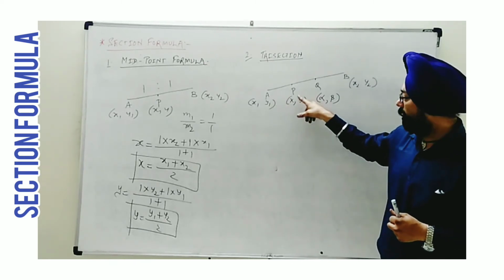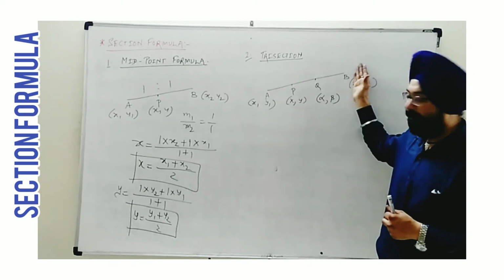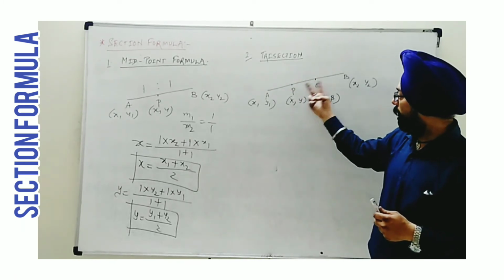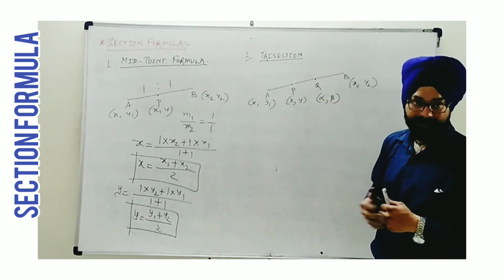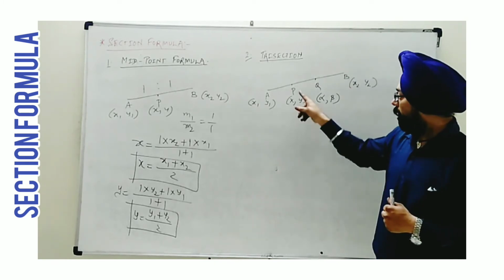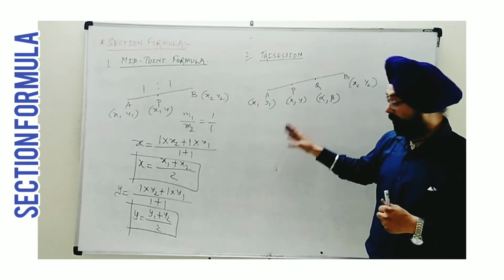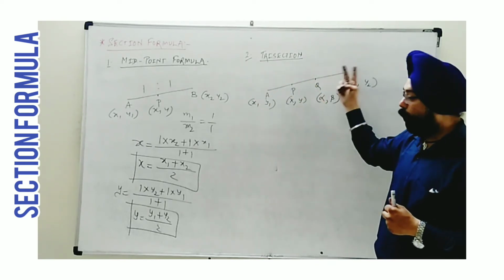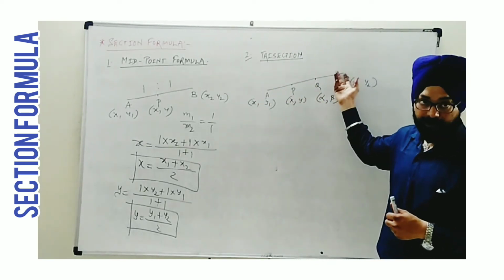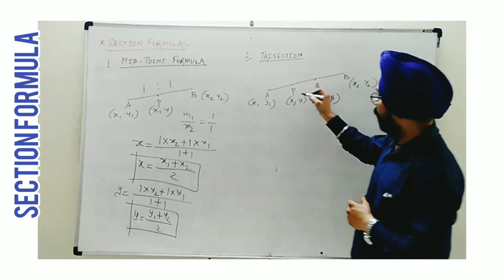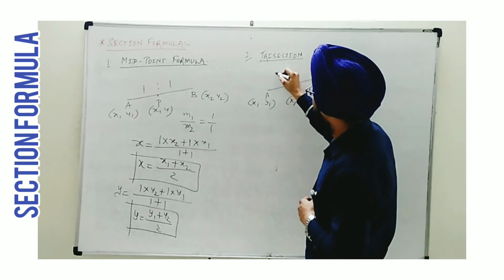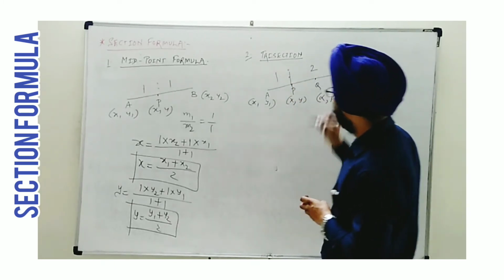First of all, with respect to P, if I see the whole segment AB, I find that AP, PQ, QB, 1, 2, 3, all 3 parts are equal. P divides in such a way that one part lies on the left hand side of P and the rest 2 parts, which are equal, lie on the right hand side of P. So with respect to this first point P, we say that the segment is divided in the ratio 1:2.